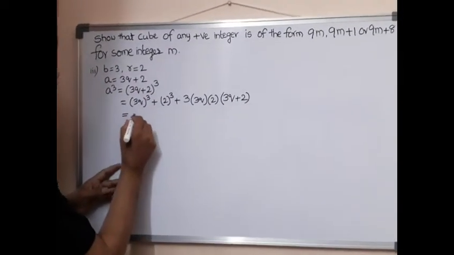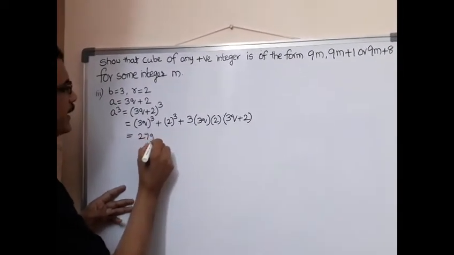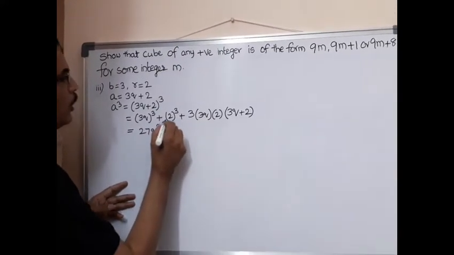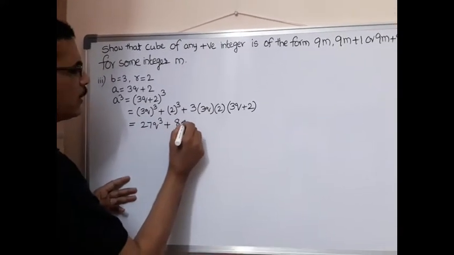Now simplifying. 3q whole cube is 27q cube. 2 cube is 8.